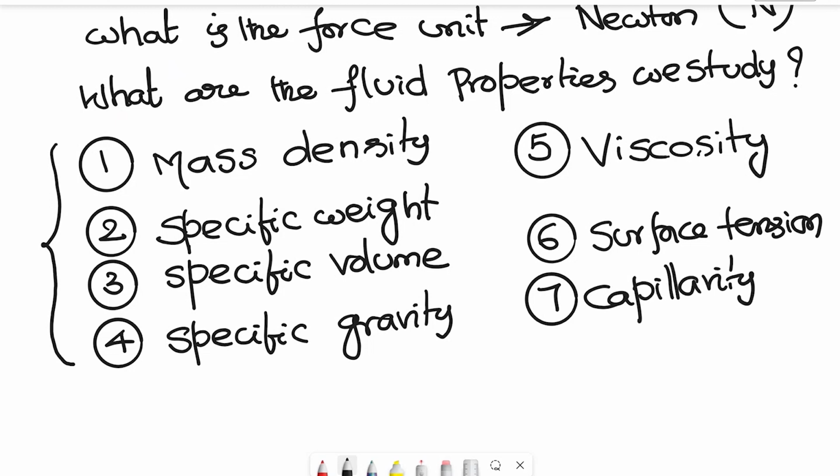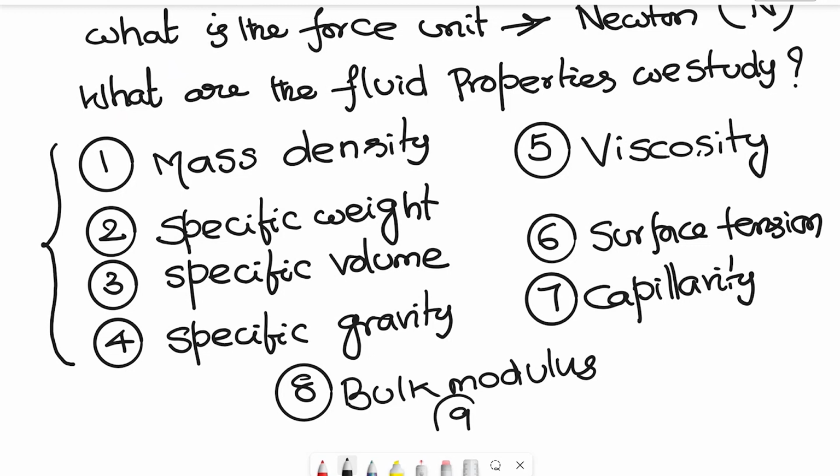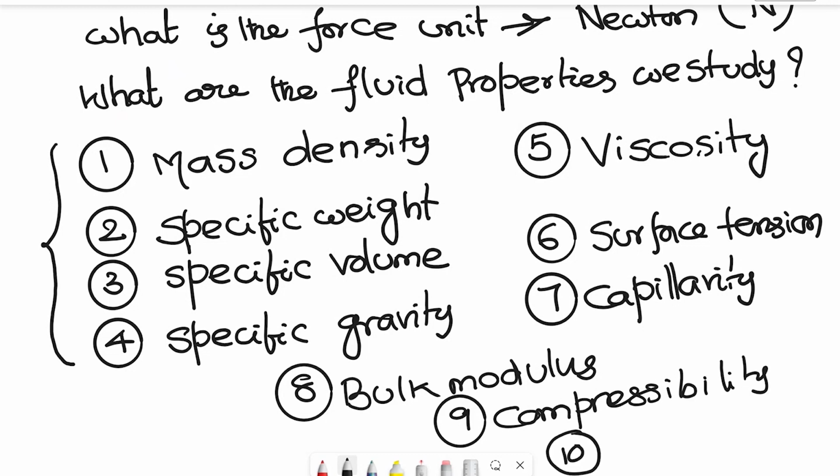These two we look at separately. Eight is bulk modulus, nine is compressibility, and ten is vapor pressure.